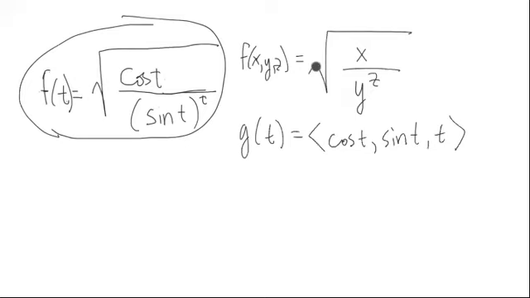So let's do that. Let's first take the derivative of this. Now see how we have 3 inputs and we have 1 output. So our matrix will have 3 columns and 1 row. So we take the derivative with respect to x, treating everything else as a constant. Well, then it's just square root of x divided by a constant.